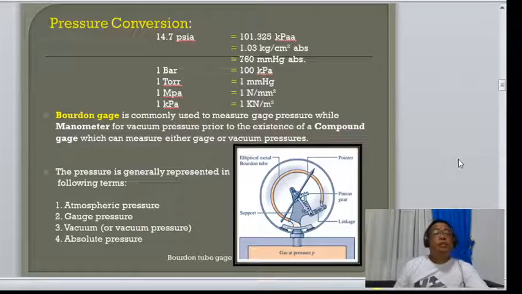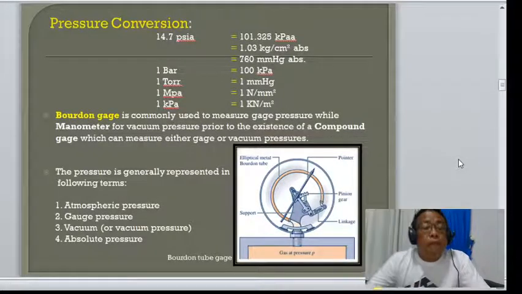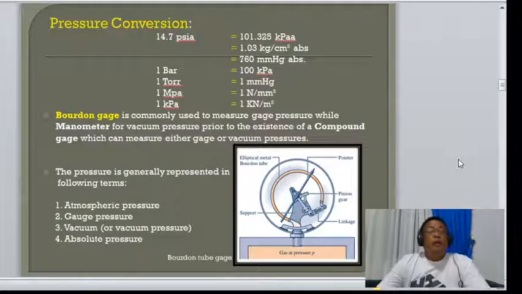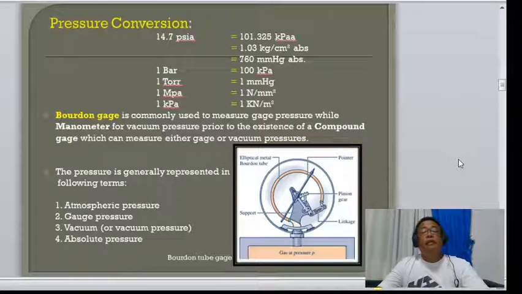So let us go to the other pressure conversions. Atmospheric pressure in English system has a value of 14.7 psi absolute. There are several units used in pressure for different countries.